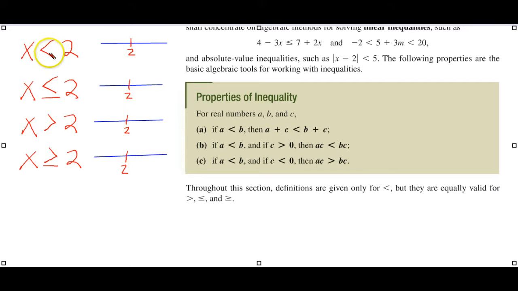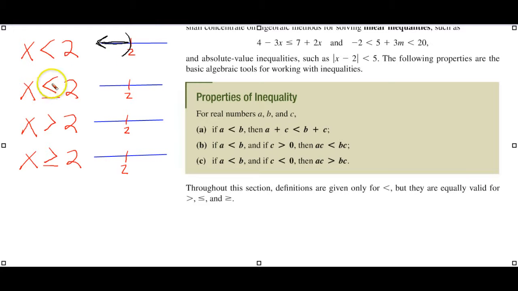Now, to put this on a graph, x is less than 2, we would use a parenthesis that faces to the left, and we would darken this line and put an arrow there. So this is coming from negative infinity up to 2, but 2 is not included in the set.